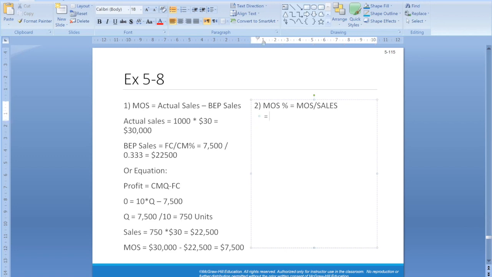This equals 7,500 divided by the base, which is the sales of 30,000. This equals 25%. This is the margin of safety as a percentage. That's all for 5.8.